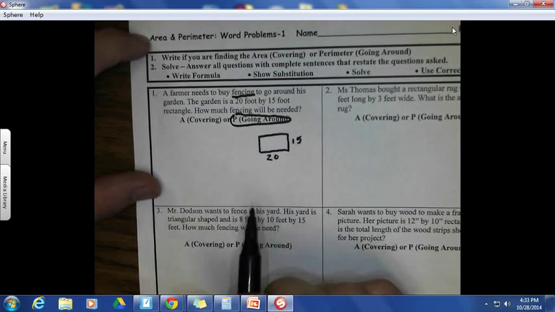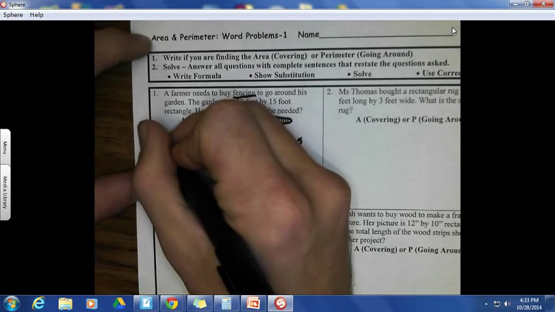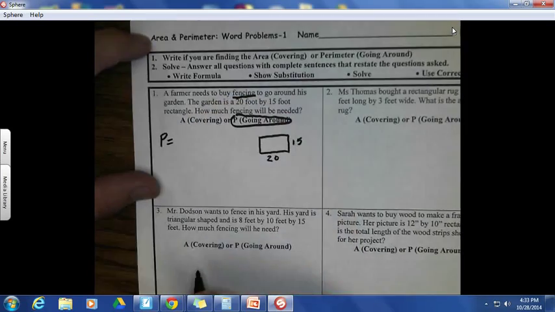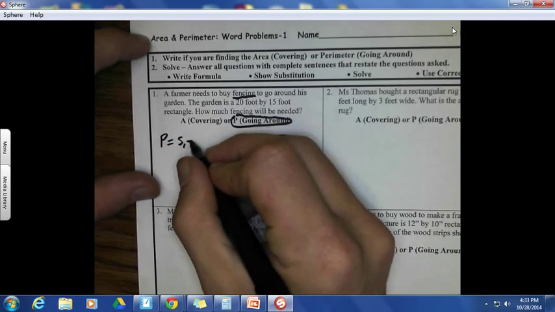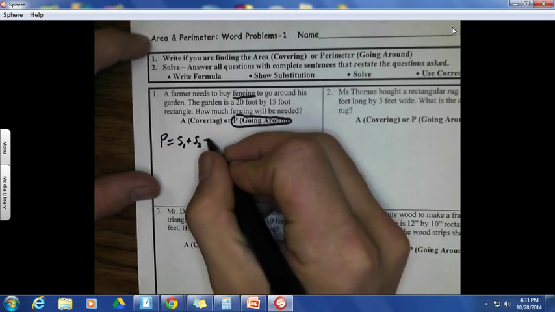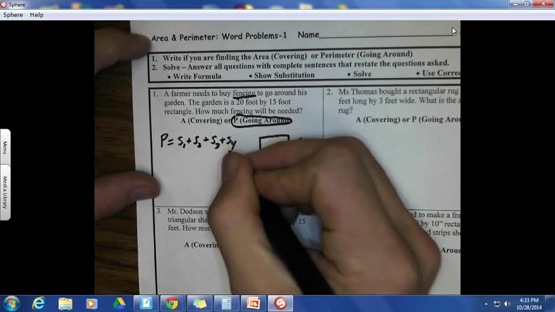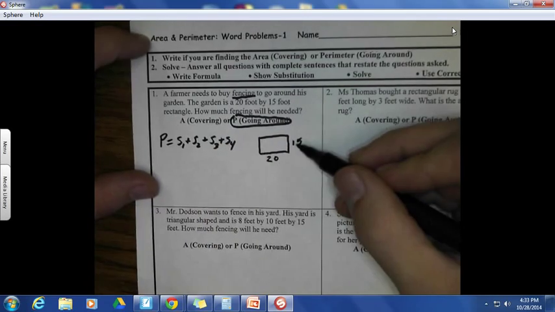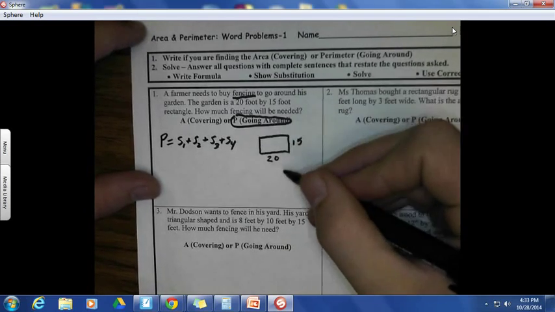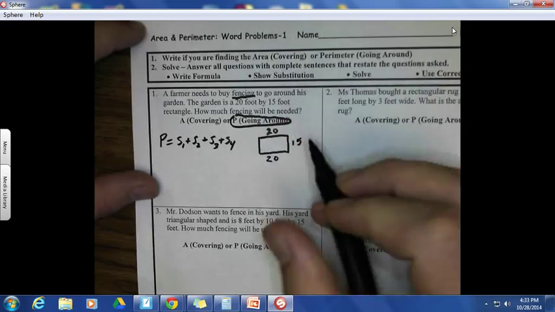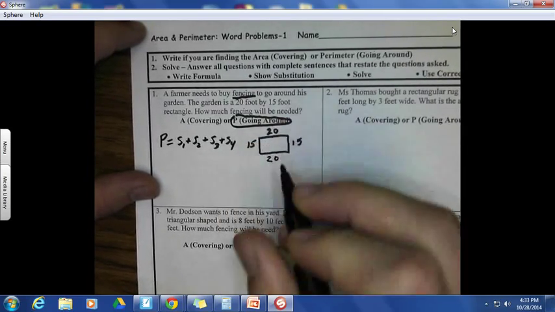And remember, our formula for perimeter of a rectangle is to add side 1 to side 2 to side 3 plus side 4. So we have side 1 and side 2. Well, we know that the opposite sides of a rectangle are equal. So this side is going to be 20 and this side is going to be 15.